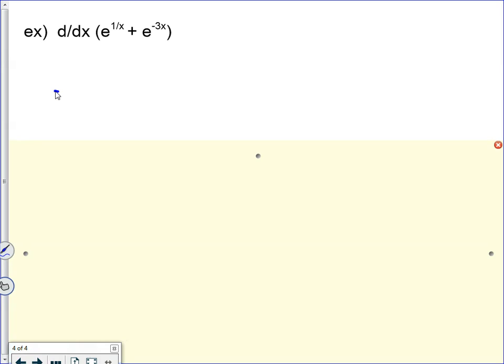Let's see here. Start off with, you do what you see. Then the derivative of 1 over x. If you take a second, you will find that it's this. If you don't believe me, when we're done with the video, you can ask me. All right, let's keep it going.